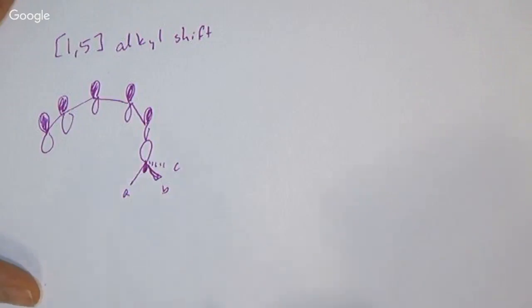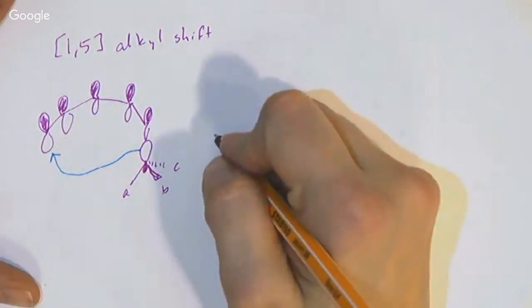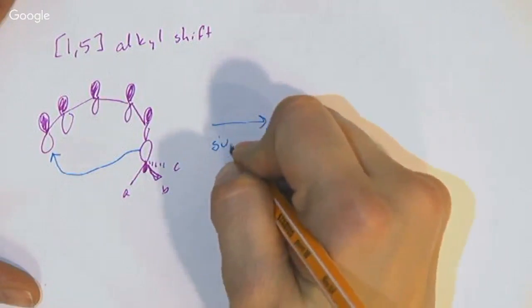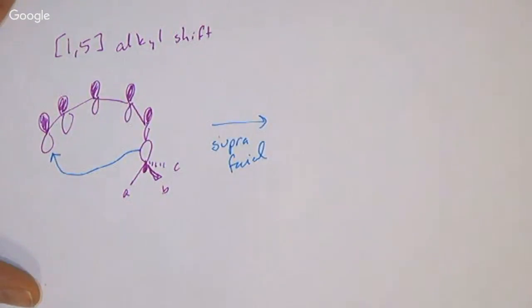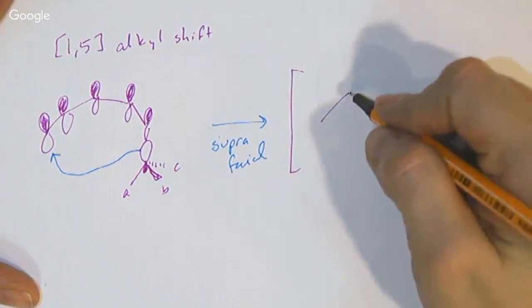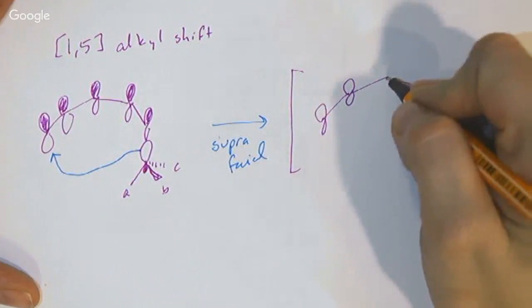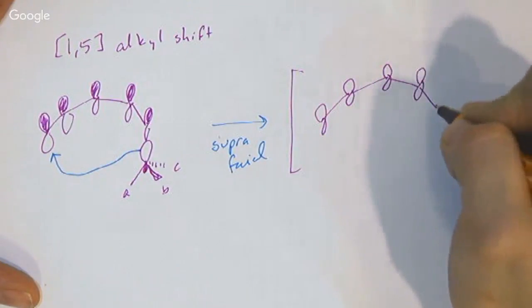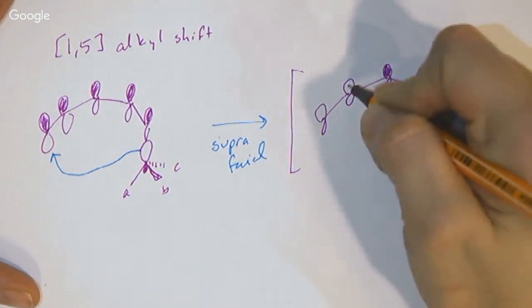If I undergo the transition, I'm going to move this in a suprafacial manner. If I thought about this in terms of a transition state, I'm just going to be moving that alkyl group.